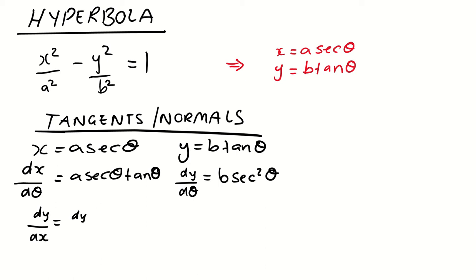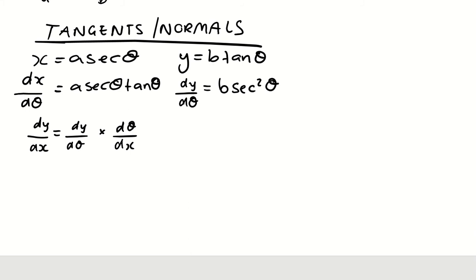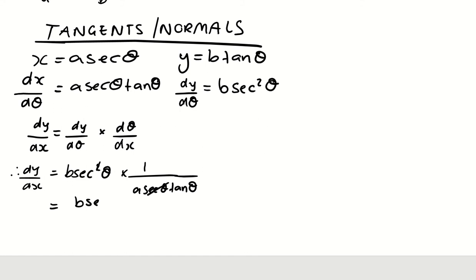And I'm going to get that by taking dy on d theta and multiplying it by d theta on dx. Which is going to give me that, therefore, dy dx is equal to b sec squared theta times by 1 over a sec theta tan theta. One sec will cancel one of them, and I'm just going to be left with b sec theta all over a tan theta. And there's my gradient of my tangent.